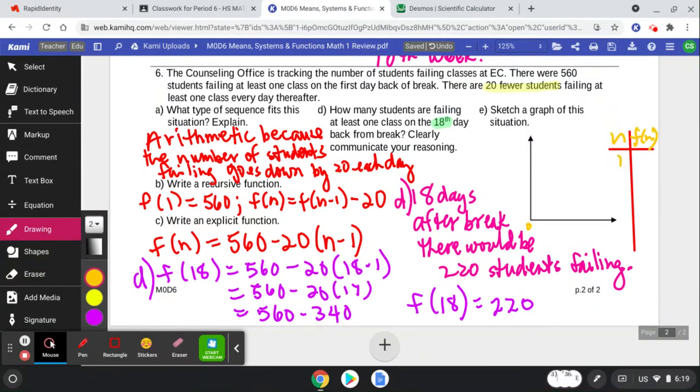And so on the first day, there were 560 failing. And it's going down by 20 each time. So 540, 520, 500, 480.